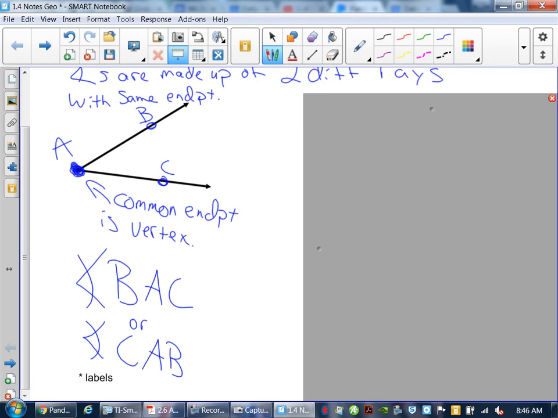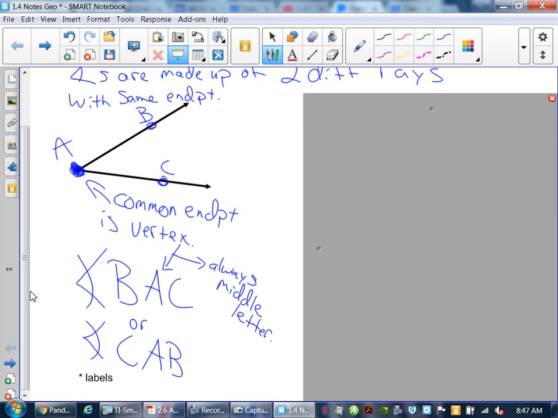A is in the middle because it is the vertex. The vertex is always, always, always the middle letter.